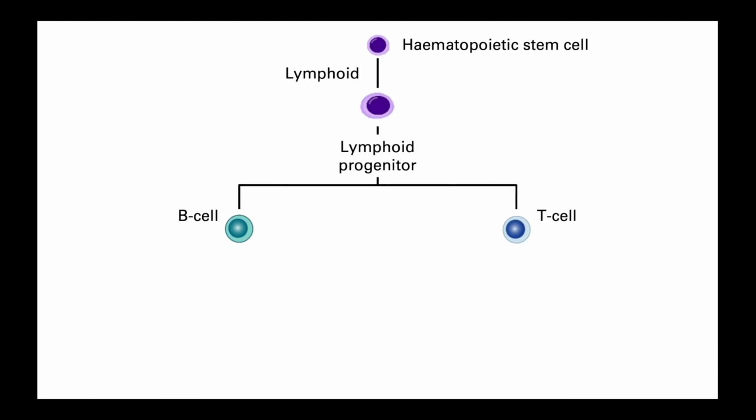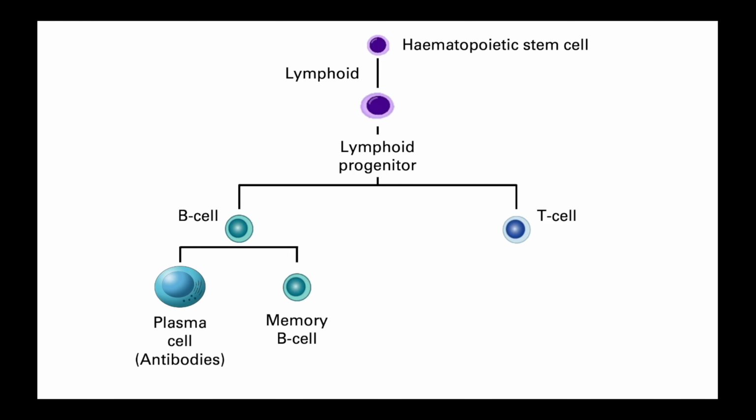When we introduce the lymphoid lineage, we oversimplify the diagram a bit by only defining B and T lymphocytes. But as we have just discussed, there are different types of cells within these groups. When a naive B lymphocyte is activated, it either becomes a plasma cell, which is responsible for producing antibodies, or it becomes a memory cell, which is long-lived and provides part of that immune memory we just discussed.